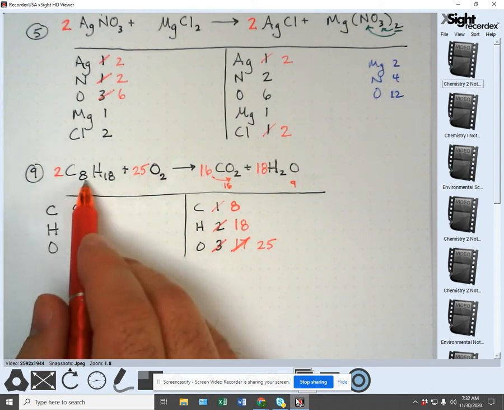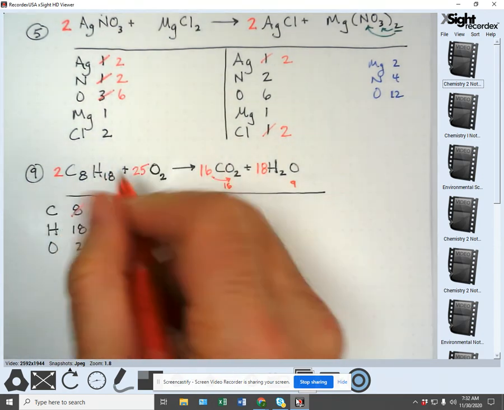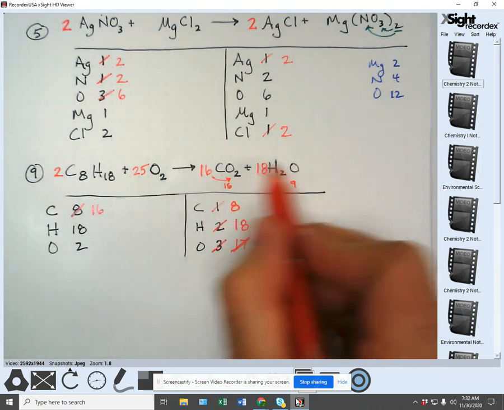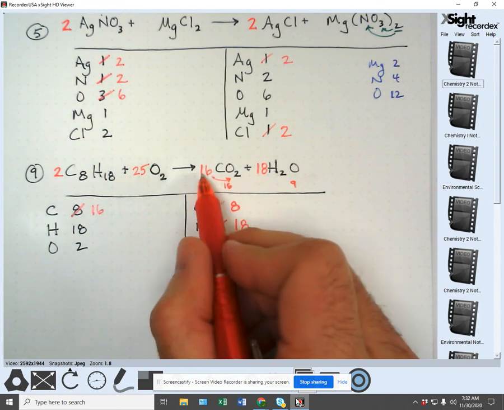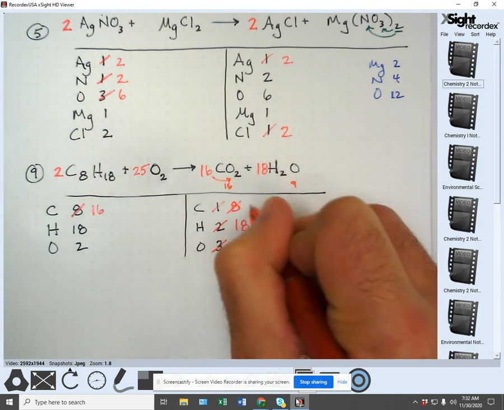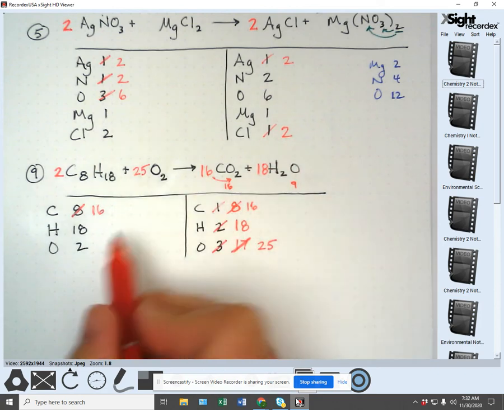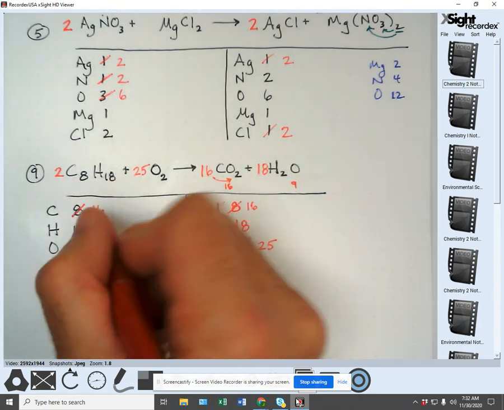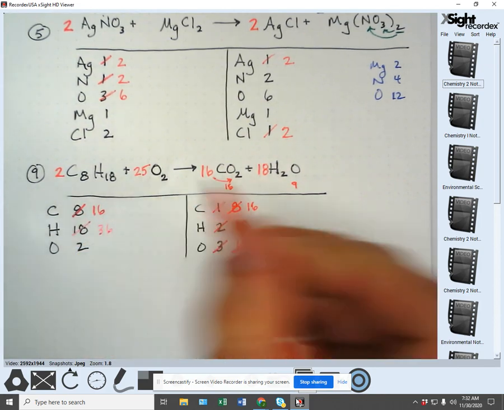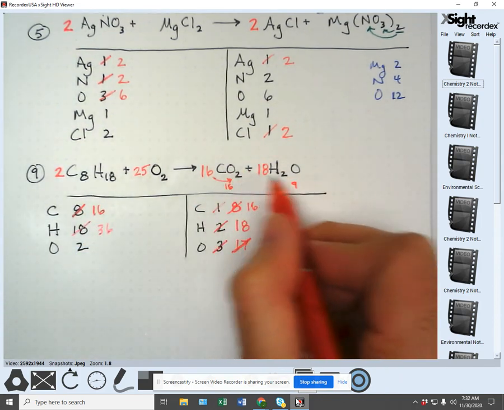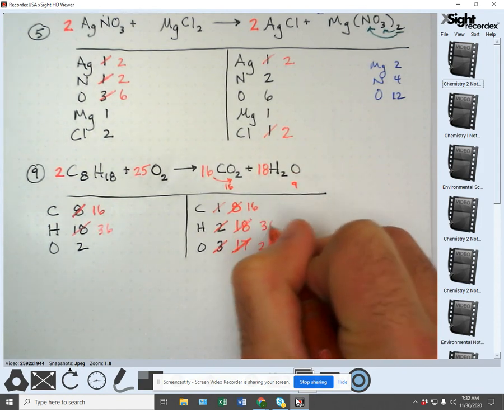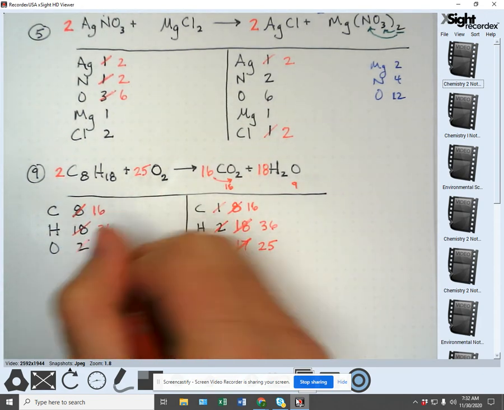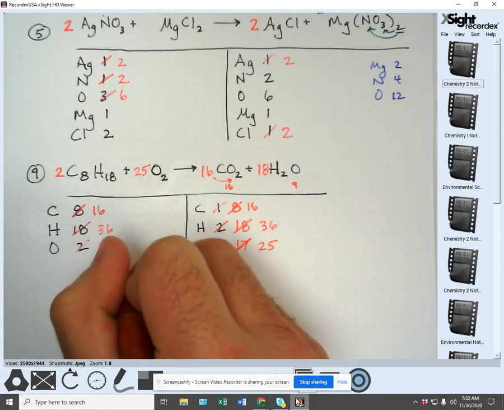2 times 8 now is giving me 16 carbon, right? Okay, let's check the carbons over here. Carbon 1 times 16 is now giving me 16 carbons. Okay, hydrogens, 2 times 18 is giving me, what is that, 36, I think? Yep. Over here, hydrogens, 2 times 18, 36. Okay, now my oxygens over here, 25 times 2, and we are getting 50 oxygens.